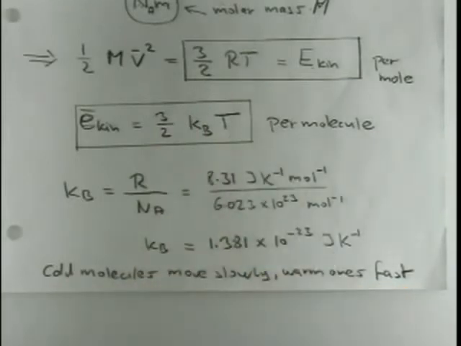That means cold molecules have less kinetic energy, they move slower, and warm ones move much faster. And you've seen this when we did the balloon experiment where I took the balloon and put it in liquid nitrogen.